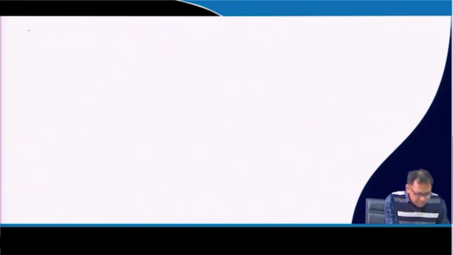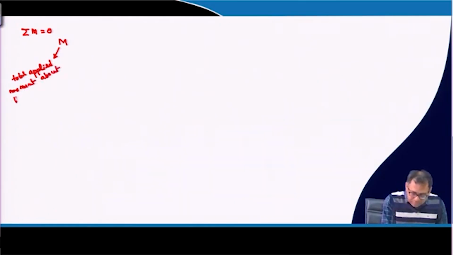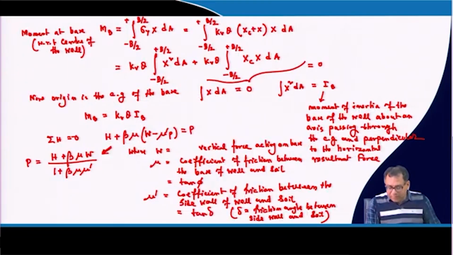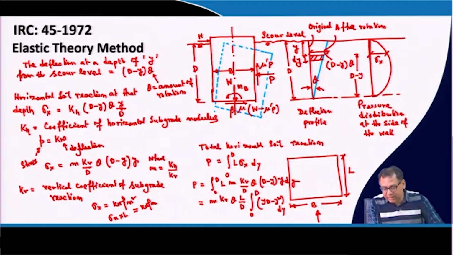Now, if I take the summation of the moments, that is equal to 0. So, if M is the total applied moment about the base of the well, suppose in this figure you can see M is the applied moment.